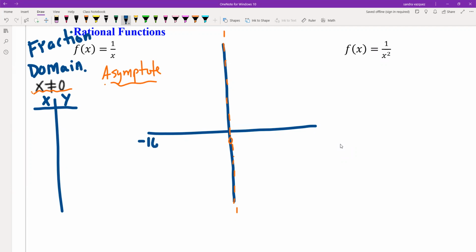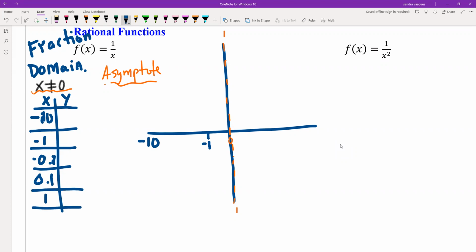So let's go ahead and try -10. And then we're gonna try -1. And then we're gonna try -0.1, which is something very small. And then I'm going to repeat the same ones, but the opposite sign. So 0.1, and then 1, and then 10. And this is just to know what's going to happen.